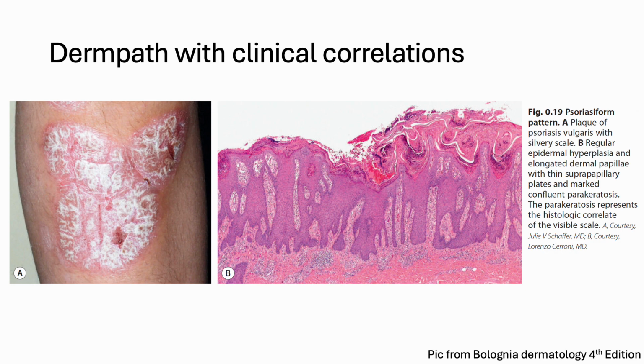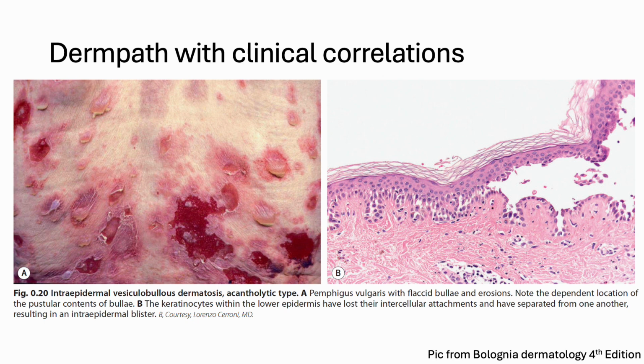The diagnosis is psoriasis. Why does the skin look very thick? The reason is because of the elongated epidermis, we call psoriasiform dermatitis. And why is there white silver scale? That is because we have numerous parakeratosis mixed with neutrophils. So this is the third correlation.